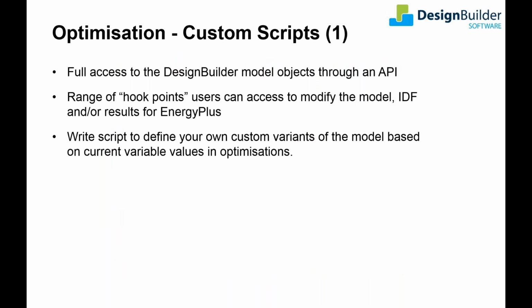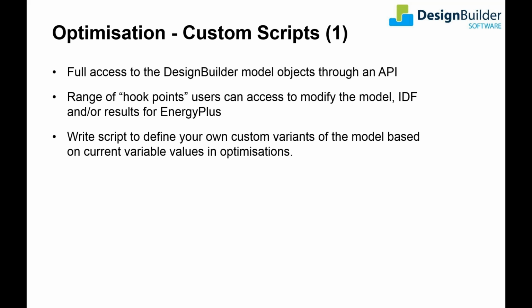Some script variables allow you to automatically apply variations to the model using your own scripts. This allows complex changes to be made that could not be applied using the standard variable types. You could, for example, define your own extensive set of energy conservation measures and apply them by loading templates, setting attributes across the model, and even making changes to the glazing configuration.